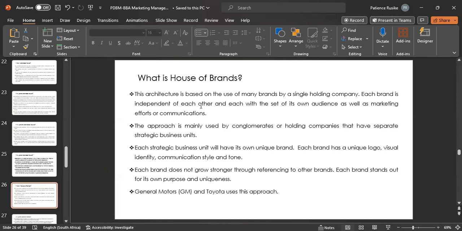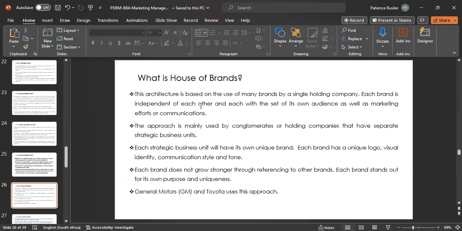So, like the name suggests, house of brands, we are talking about multiple products that are standing on their own as brands, right? You can see it is the opposite of branded house. Because in a branded house, we are saying that multiple products have one brand name, right? But a house of brands is a house full of brands, so products have their own identity, but they're coming from the same company.